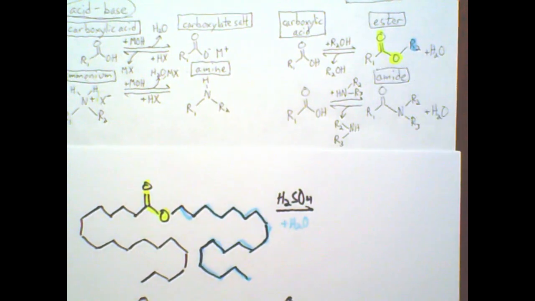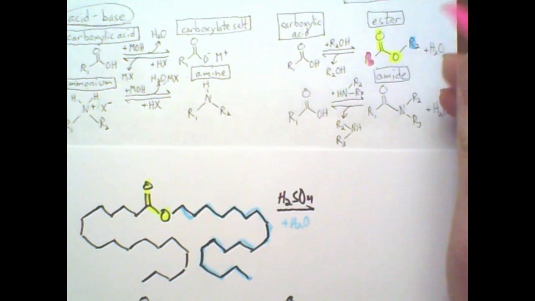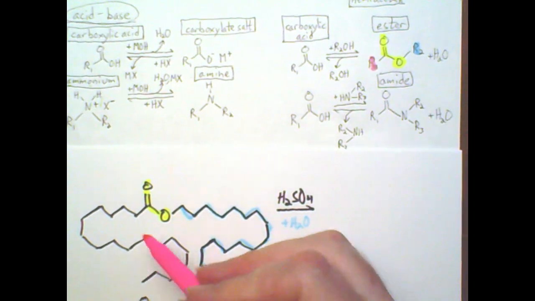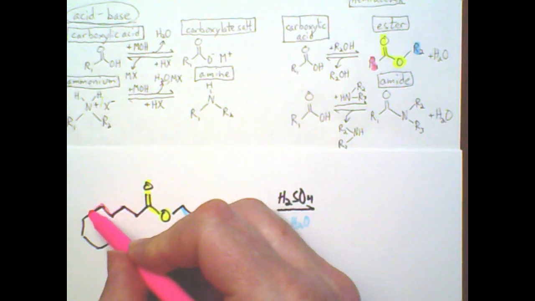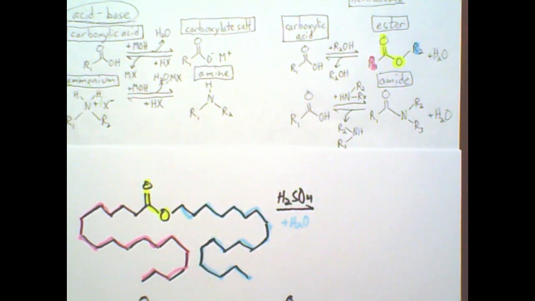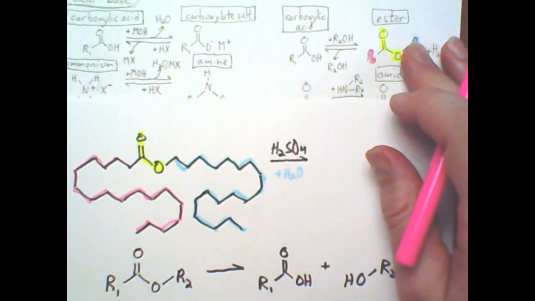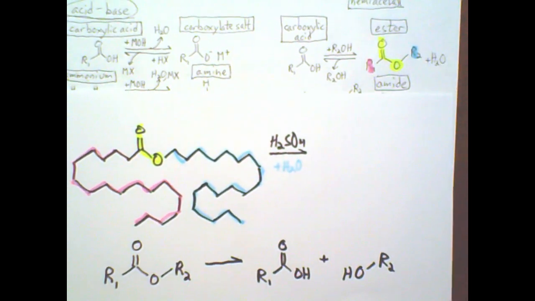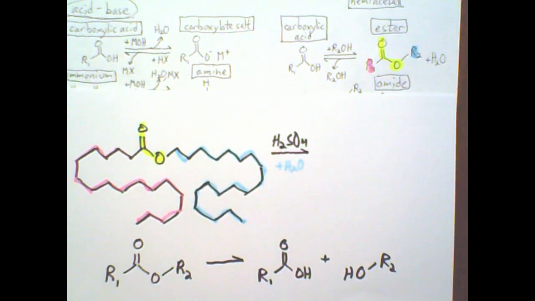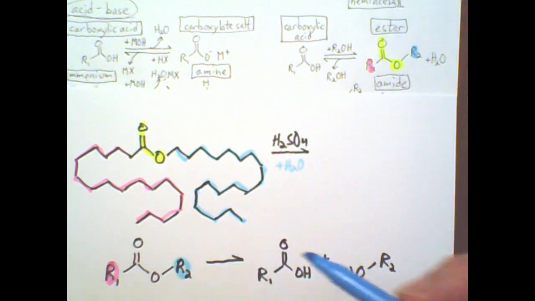And on the other side, R1, I can replace with this whole long chain. And I'm going to do that. Replace the chain on the left with R1, the chain on the right with R2.